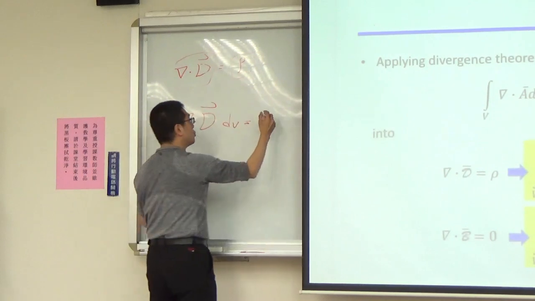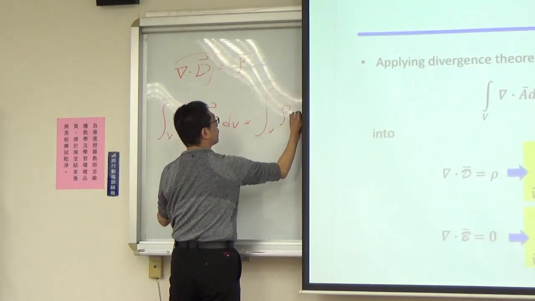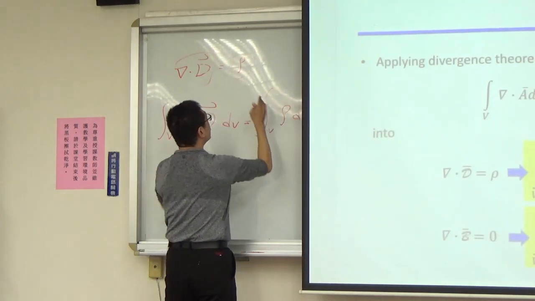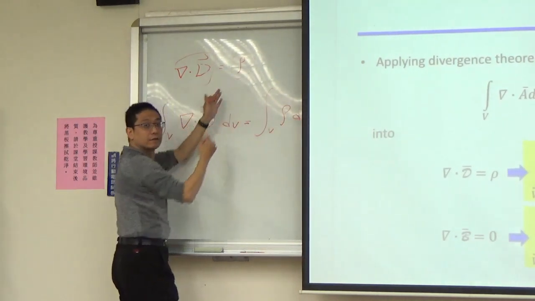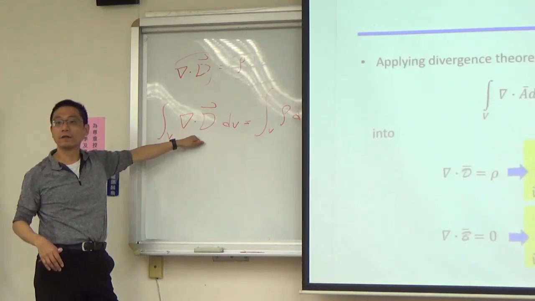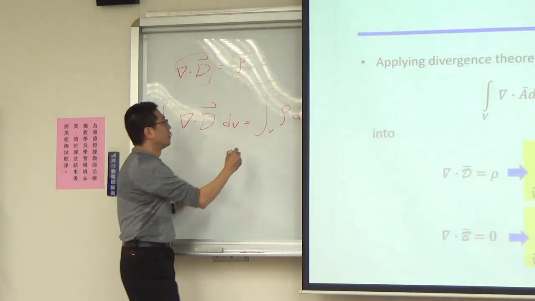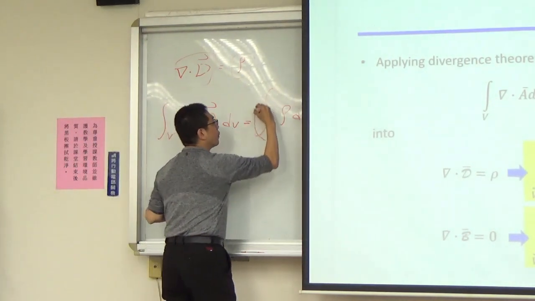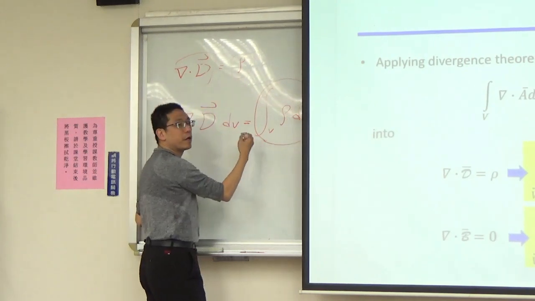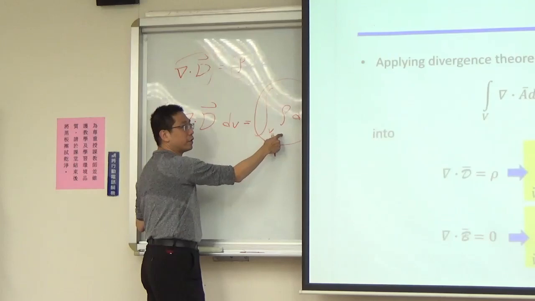Equals to, if I take the volume integration to the right part. Are we okay here? Okay? Okay, no problem, right? If you take a volume integration here, maybe I try to explain this at the beginning.